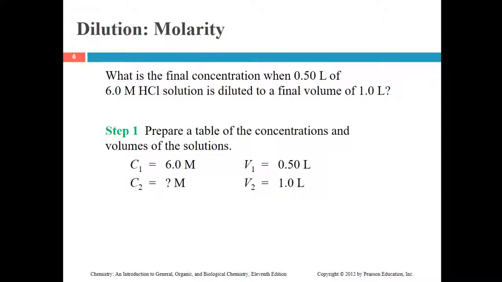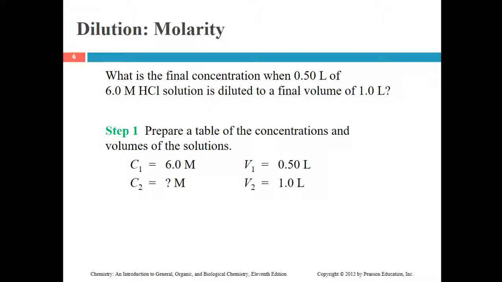So what's the final concentration when 0.50 liters of 6.0 molar HCl solution is diluted to a final volume of 1.0 liters? By now you have been bombarded this whole chapter with a whole bunch of different formulas, and you may go, what formula do I use? Well, the key is dilution.